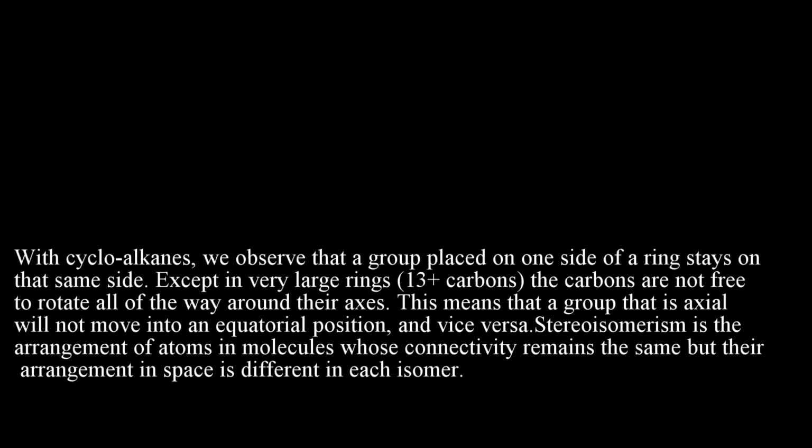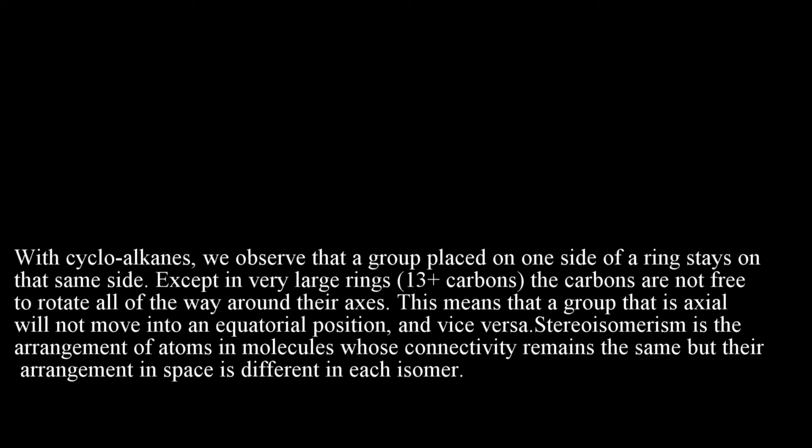With cycloalkanes, we observe that a group placed on one side of a ring stays on the same side. Except in very large rings, the carbons are not free to rotate all of the way around their axis. This means that a group that is axial will not move into an equatorial position, and vice versa.